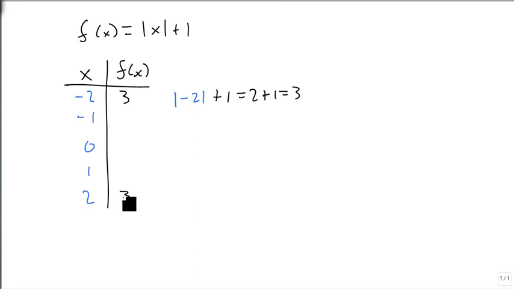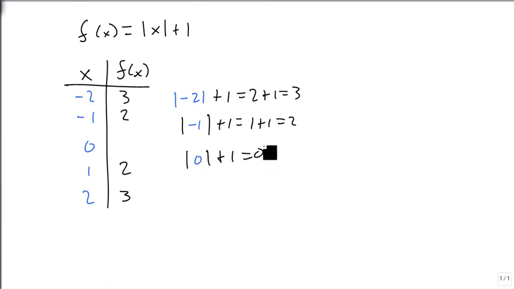Same thing's going to happen with the positive 2. The absolute value of -1 plus 1 is 1 plus 1, which is 2. So we get a 2 there and a 2 there. The absolute value of 0 plus 1 is 0 plus 1, which is 1. So our points are (-2, 3), (-1, 2), (0, 1), and (1, 2).